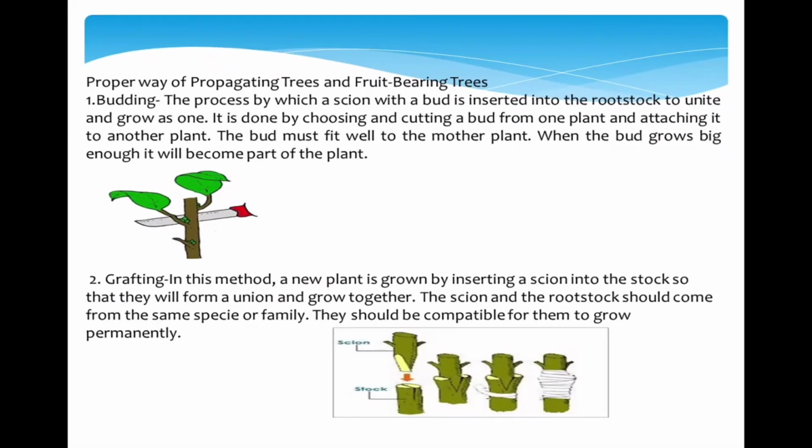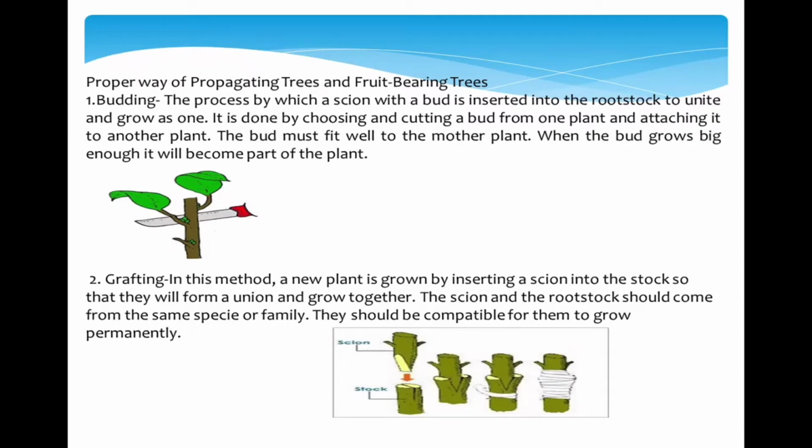Then there are proper ways of propagating trees and fruit trees, of course. We mentioned in the first slide that there are different ways of propagating trees and fruit trees. So first is the budding.